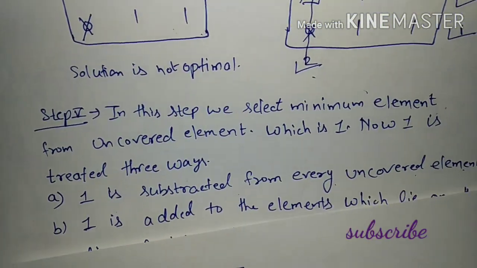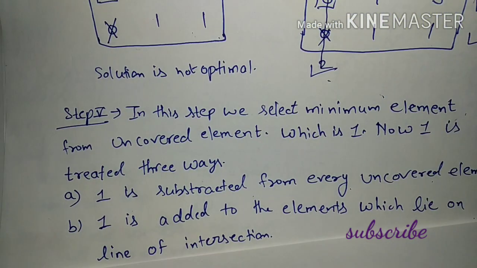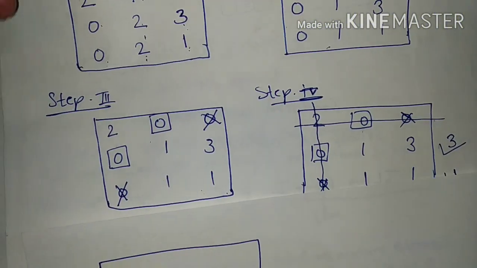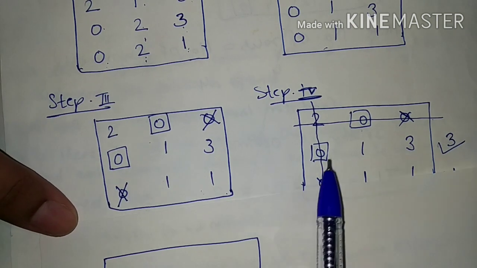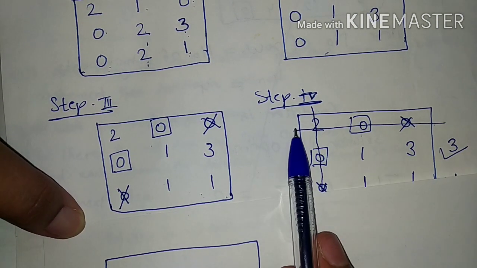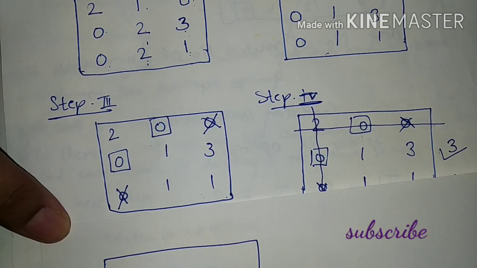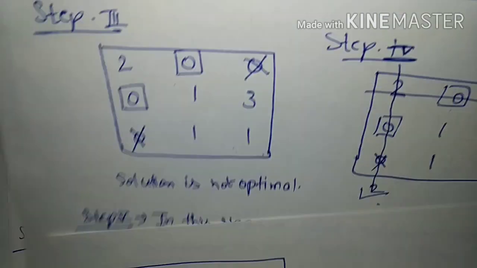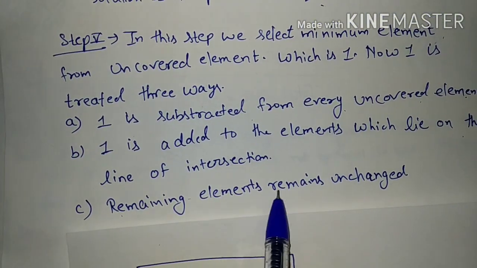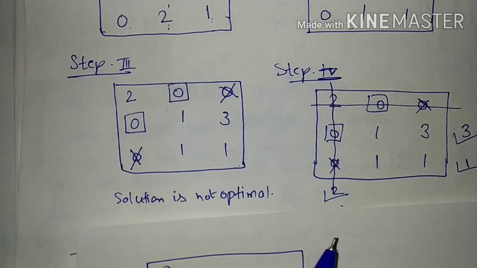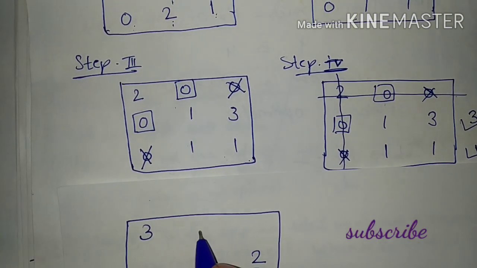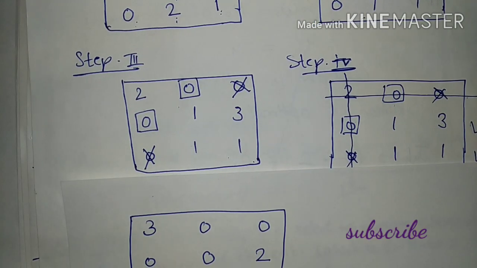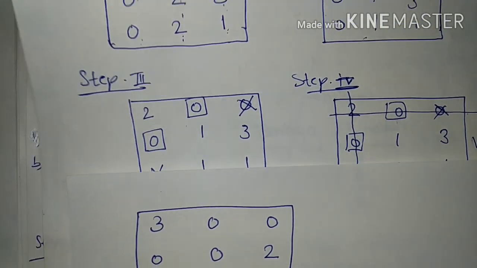B part. 1 is added to the elements which lie on the line of intersection. This element 2 lies on the line of intersection. 2 plus 1, 3. C part. Remaining elements remain unchanged. Now it means 0, 0, 0 and 0.